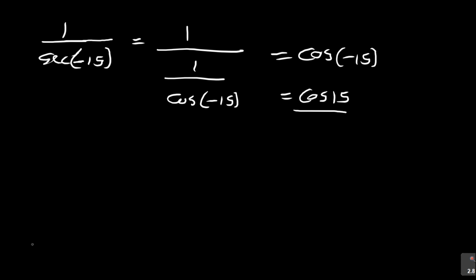But you're not done. Since this is cos 15, how will I simplify this? Now you have to go for special angles. I can use 60 and 45. This is the same as saying cos 60 minus 45. I can get 15 from here. What other form can I get 15?